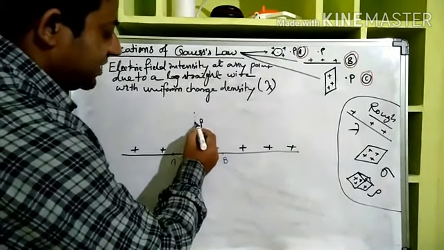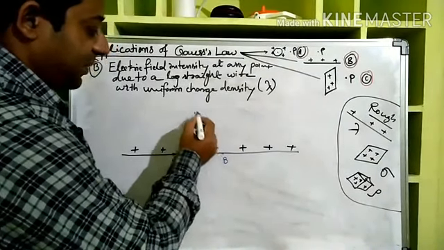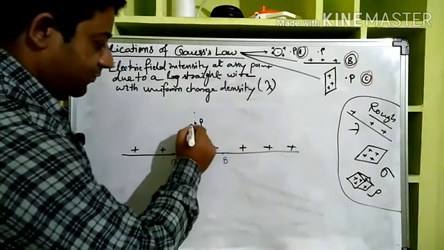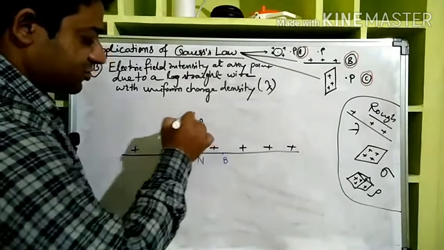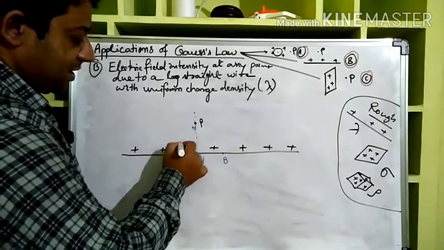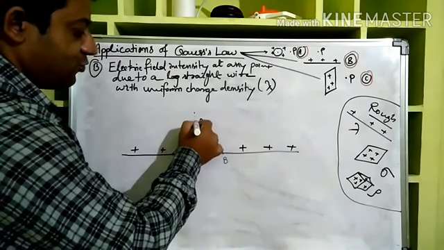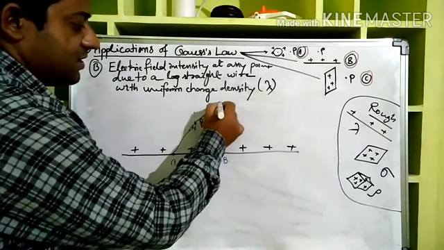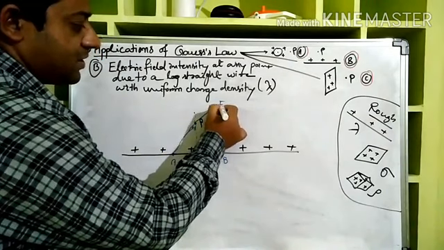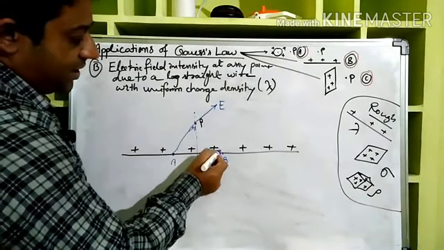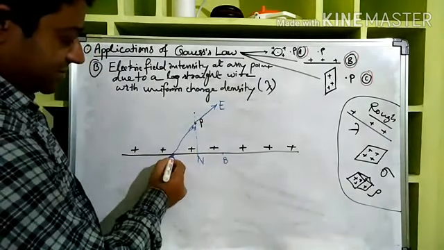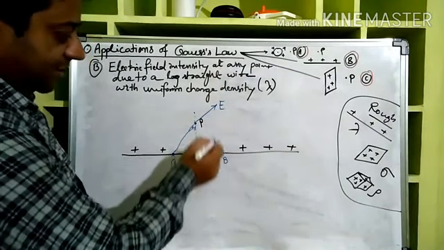Now what is the electric field intensity at P due to A? If you want to find it, we imagine one unit positive charge at P, and then due to A there is one E in this direction. Why? Because this charge also is plus, so it will be a repelling force, right?